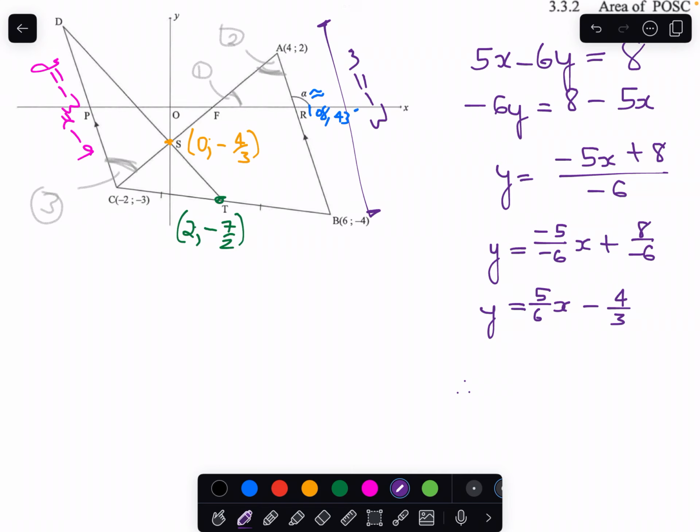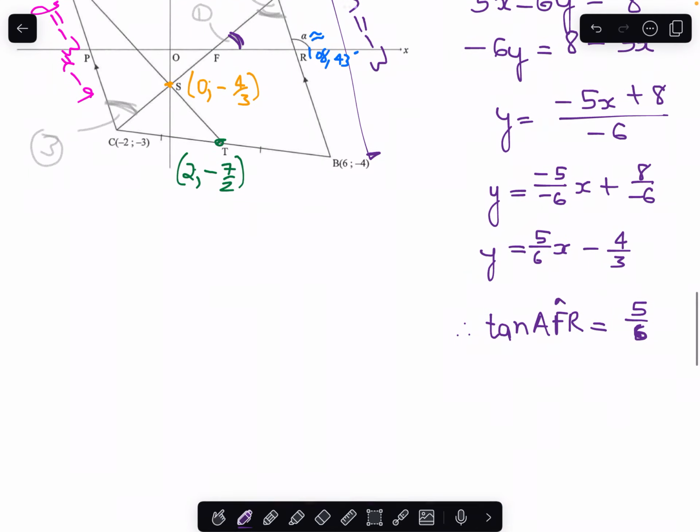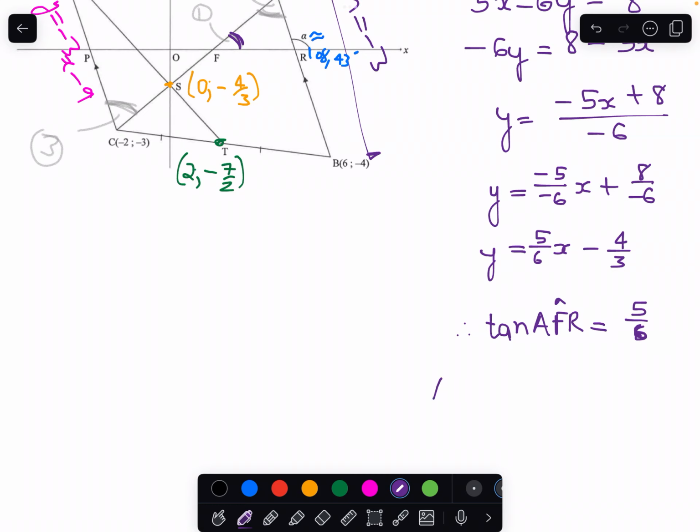So then that means tan of angle AFR, which is this angle, is equal to 5/6, the gradient of the line AC. Positive tan value, so we're looking at our first quadrant angle, which is great.